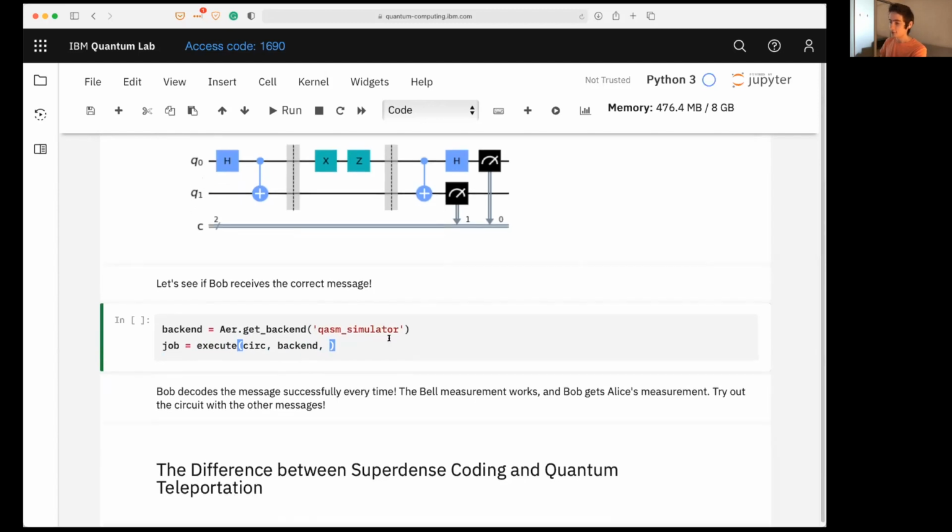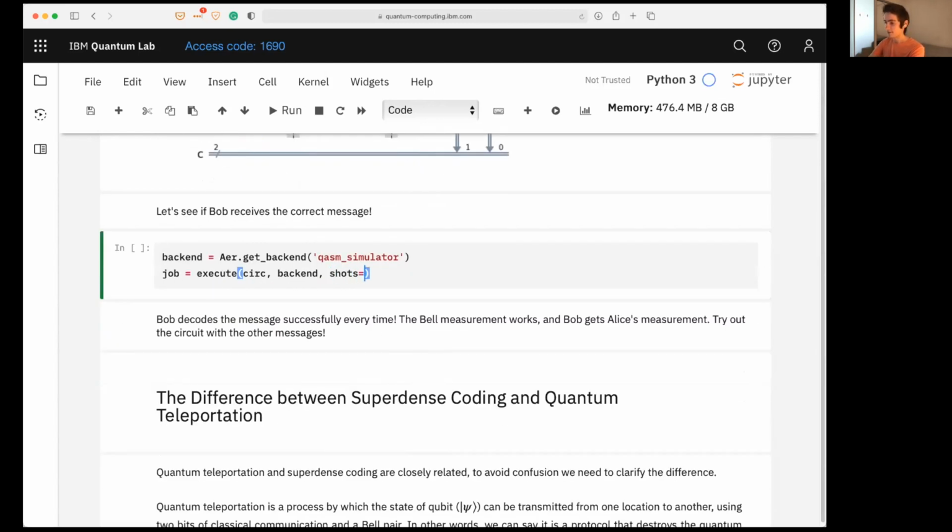Now we have to specify the number of shots. So I'll just do 1024 shots. The number of shots refers to how many times the quantum computer is going to simulate this. So it's going to try running this circuit 1,024 times. We expect that it's going to get the same answer every time, right? Because we expect that there's 100% probability of this working. We'll see if that's indeed what happens.